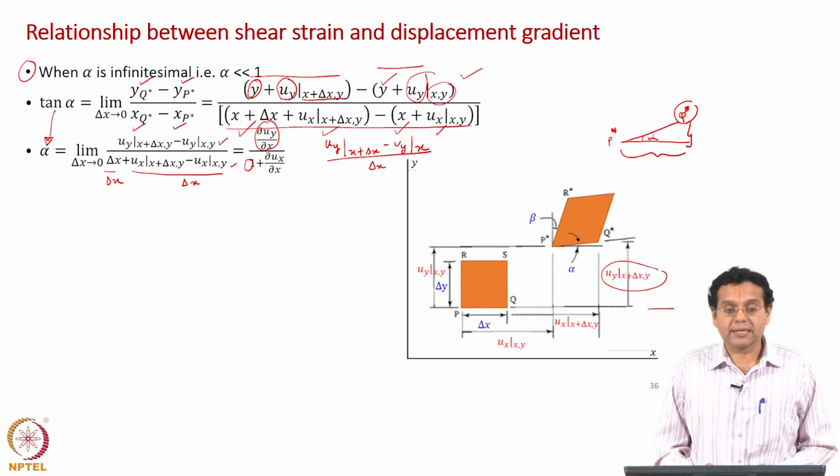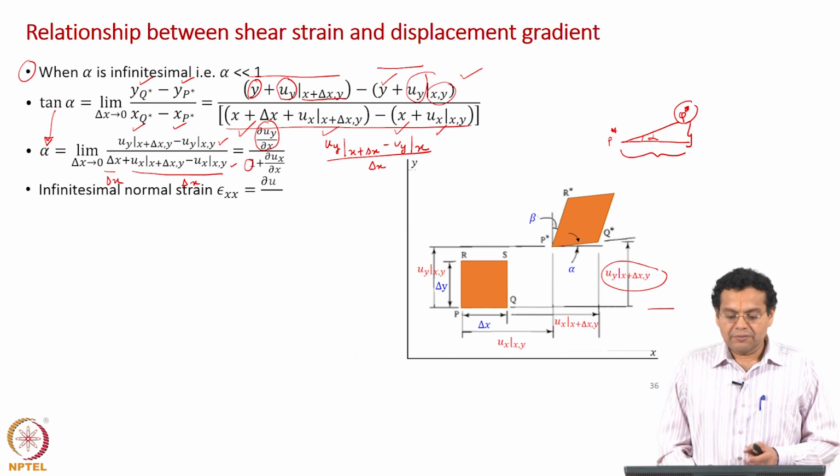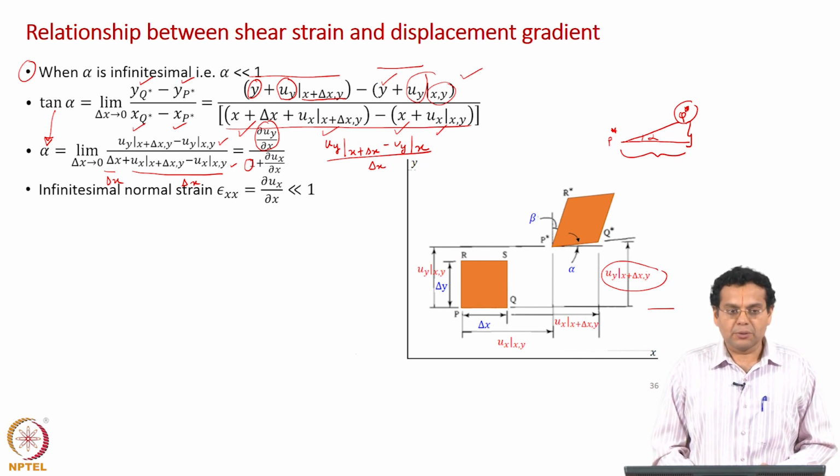Now, second assumption, infinitesimal normal strain. We have already seen that dou u x by dou x represents normal strain. I will assume that the normal strain is much smaller than 1. So, in the denominator you can neglect dou u x by dou x, and the denominator becomes just unity.